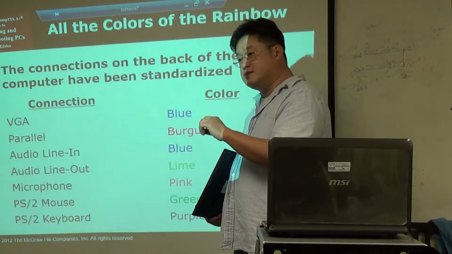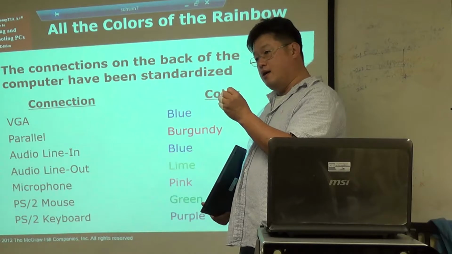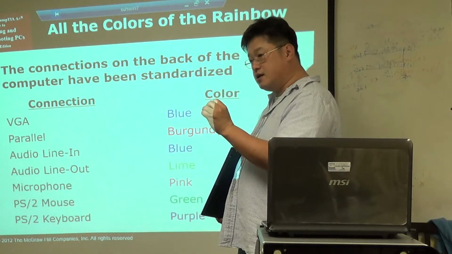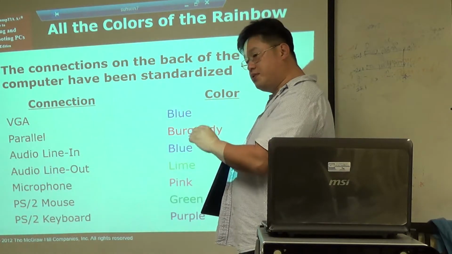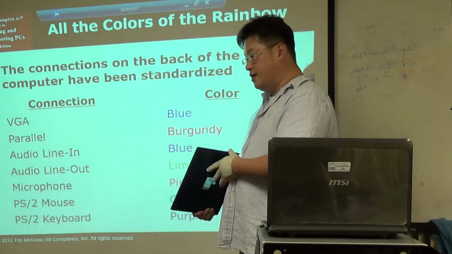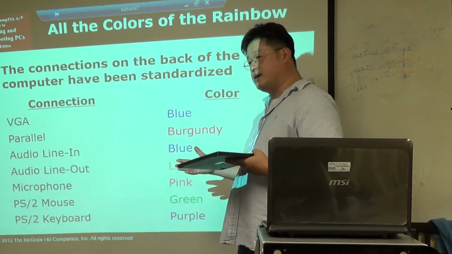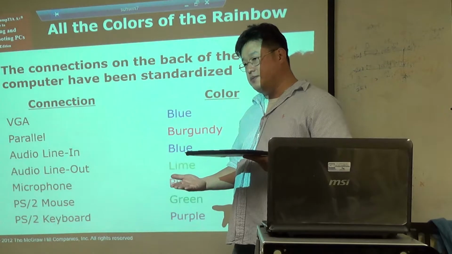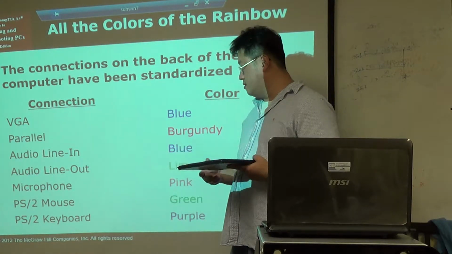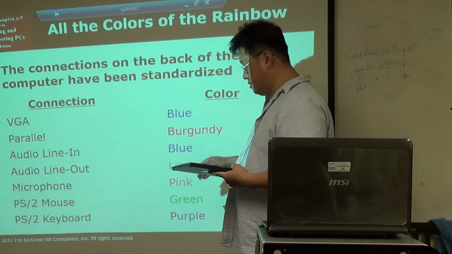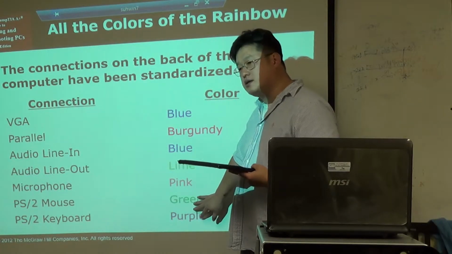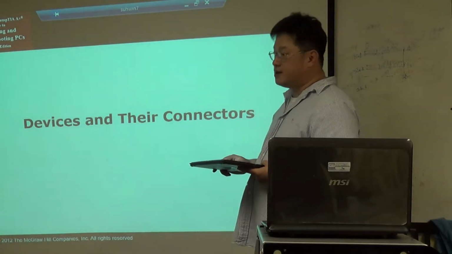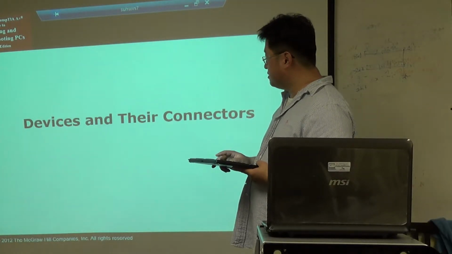PS2 devices especially have the same shape, so the only way to figure it out is color: green is the mouse and purple is the keyboard. If you cannot see the color, then the bottom one on the system is the keyboard and the upper one is the mouse. That's my experience. So bottom is keyboard, top is mouse.